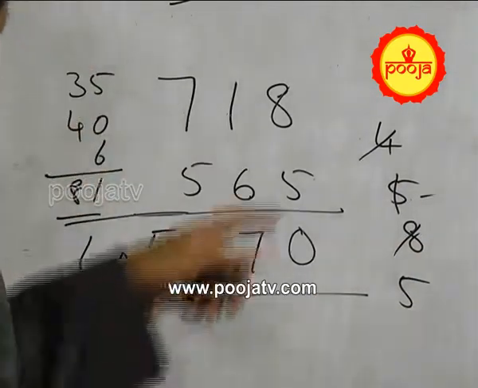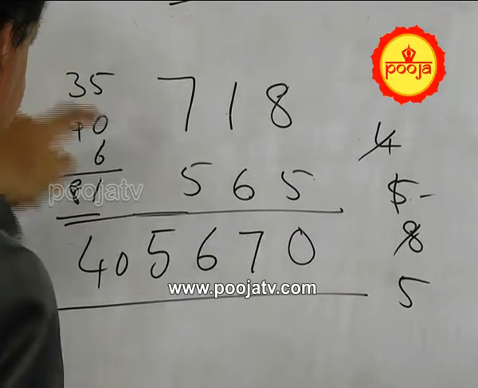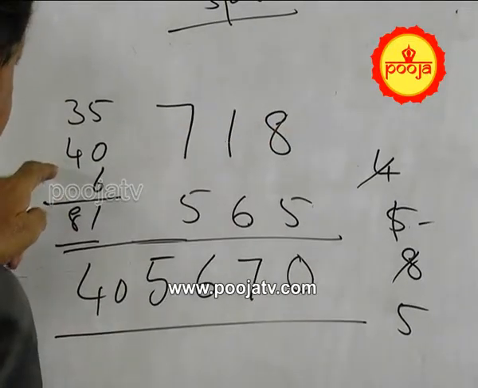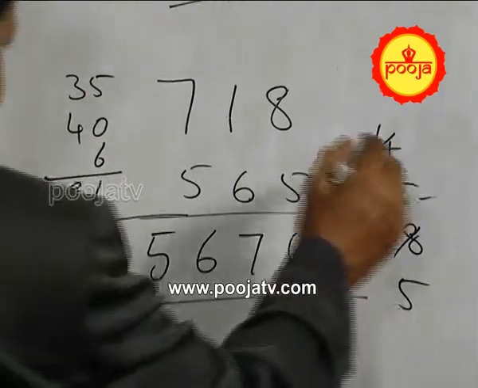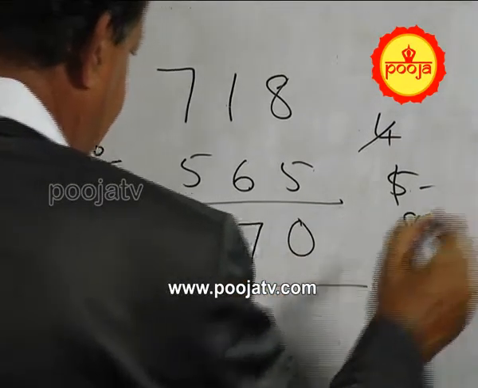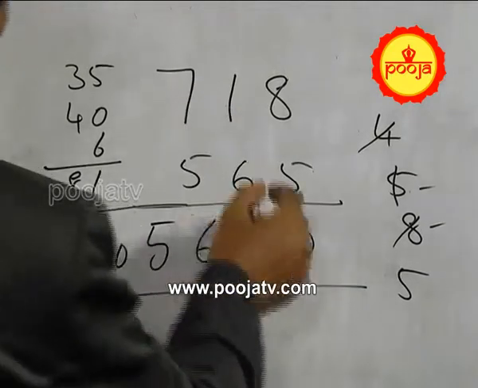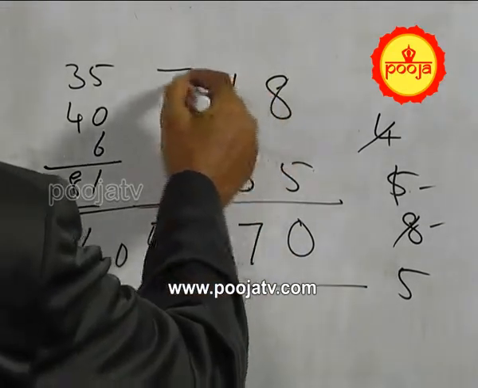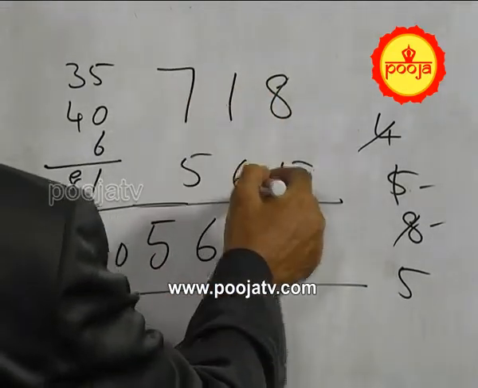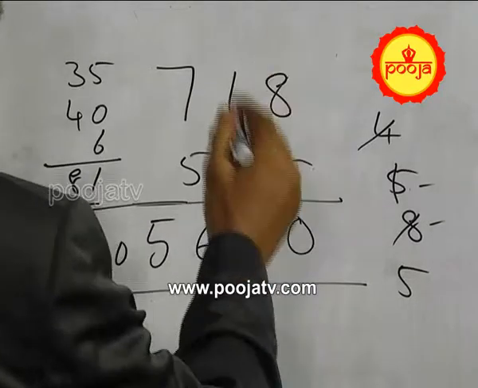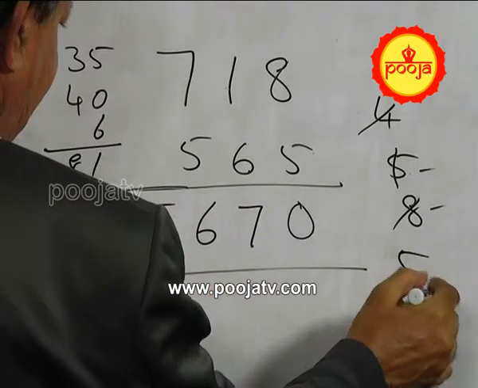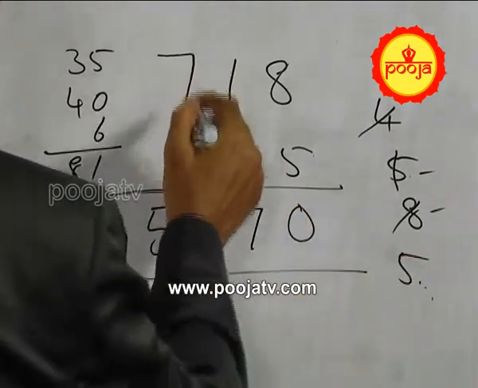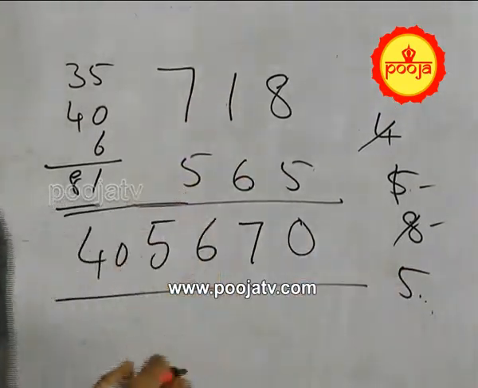Next all the three, 5 into 7 is 35, 5 into 8 is 40 and 6 into 1 is 6, add, it is 81. 81 plus 5 is 86, 6 here, 8 outside. Okay. Now last two, 5 into 1 is 5, 7 into 6 is 42, 42 plus 5 is 47, 47 plus 8 is 55, 5 here, 5 outside. Okay. Last 7 into 5 is 35 plus 5, 40.